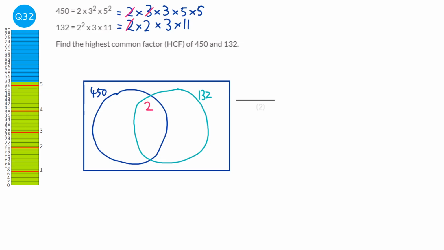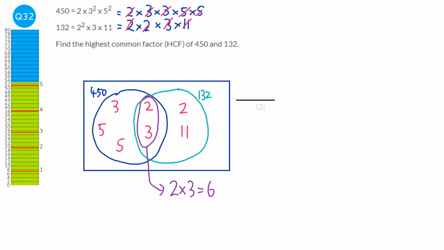We can see they both have a 3 in them, so cross those 3's out and put 3 in the middle. And then 450 has a 3, a 5 and a 5. And 132 has the 2 and the 11. So to find the highest common factor, as I said, you multiply all the numbers that are in the middle.